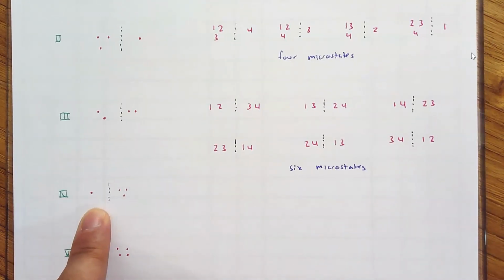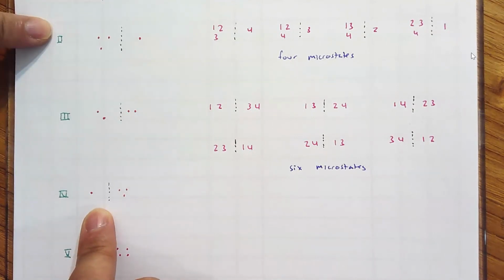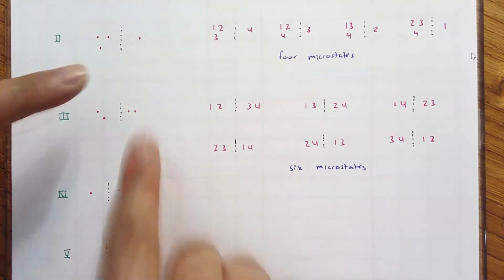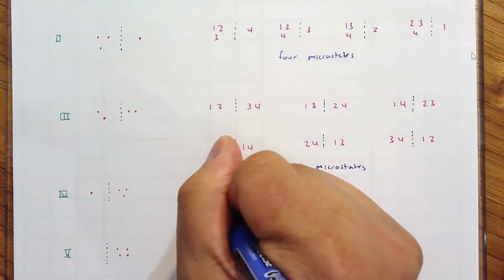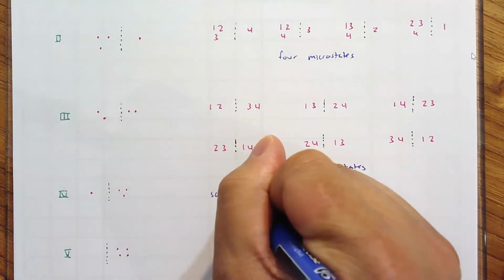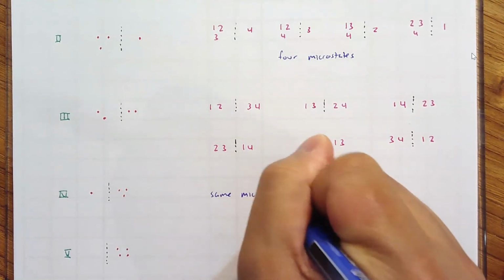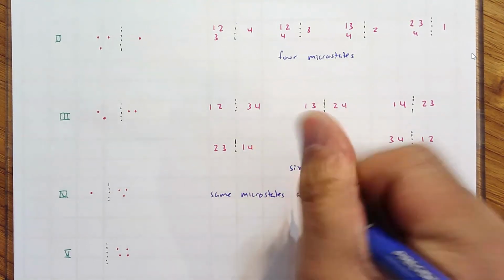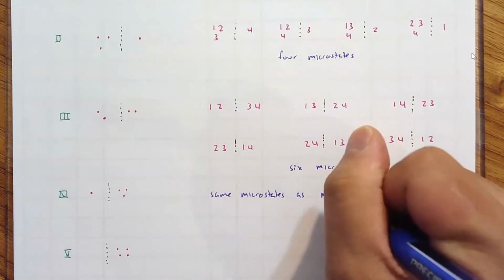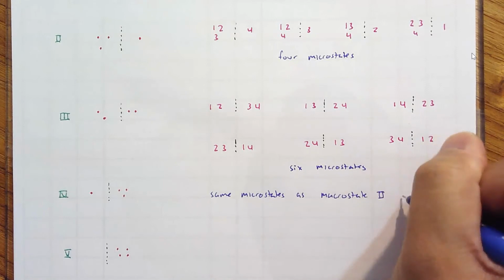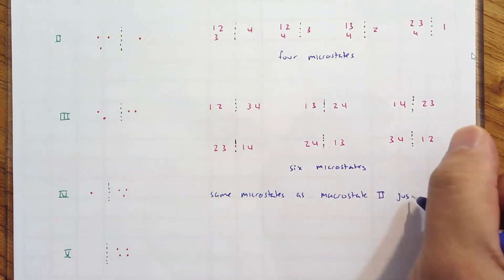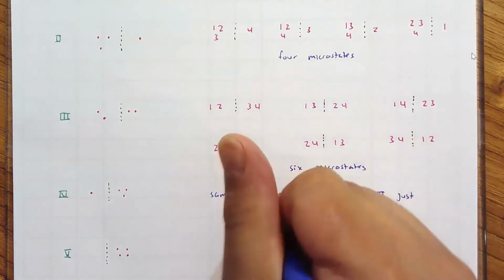Next, I'm not going to draw this because it is the same as macrostate number 2, except you reverse. So I'm going to put here same microstates as macrostate 2, just flip the cells, just reverse.